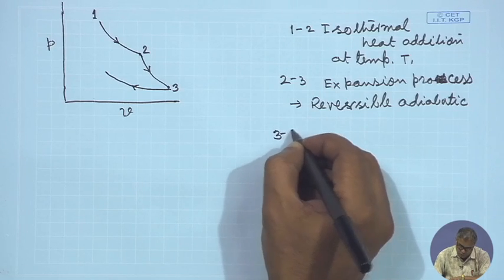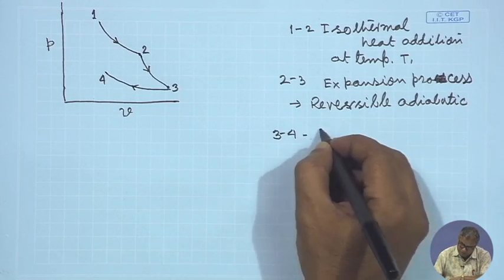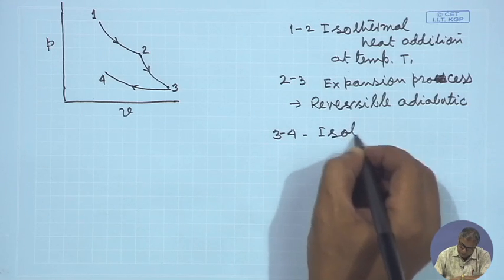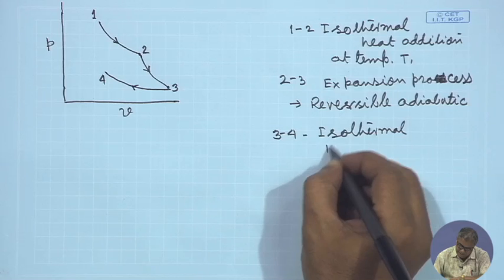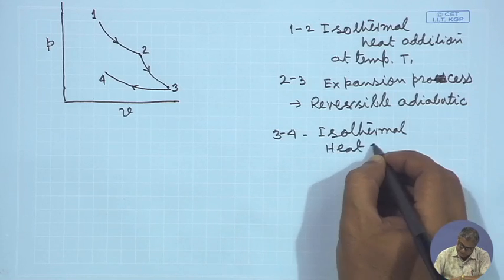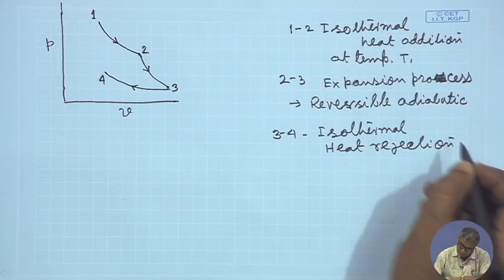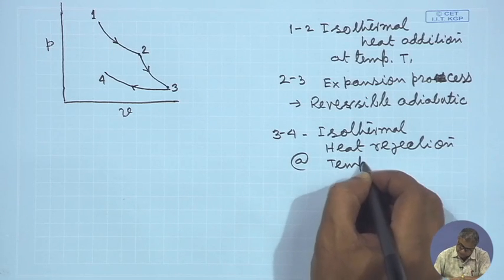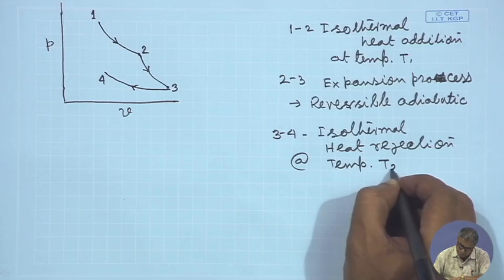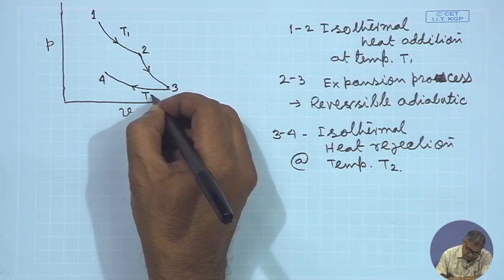So, 3 to 4, we have reached 4 now, that will be isothermal heat rejection at temperature T2. So, this is at temperature T1 and this is at temperature T2.